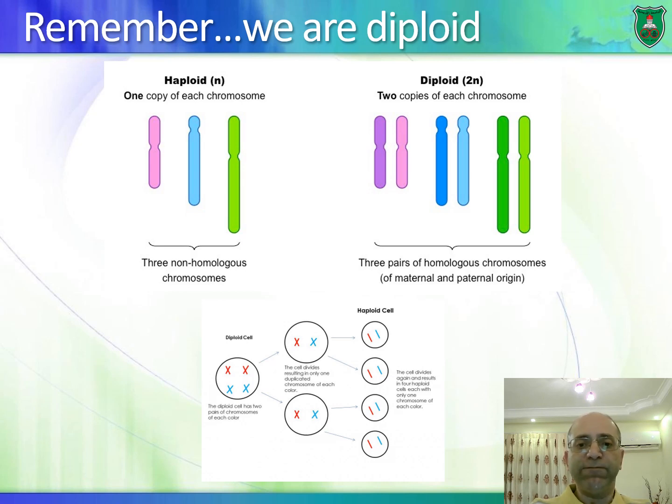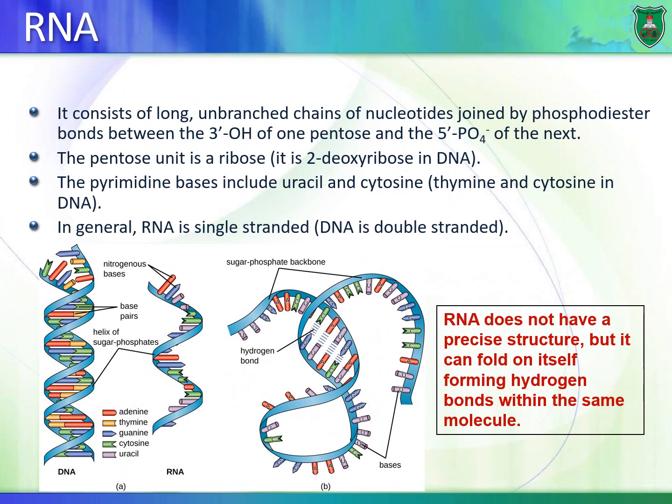Okay, so finally we'll briefly talk about RNA molecules. RNA molecules basically consist of a long, unbranched, single-strand chain of nucleotides joined by phosphodiester bonds, just like DNA molecules, between the 3' hydroxyl group of one pentose and the 5' phosphate group of the next.